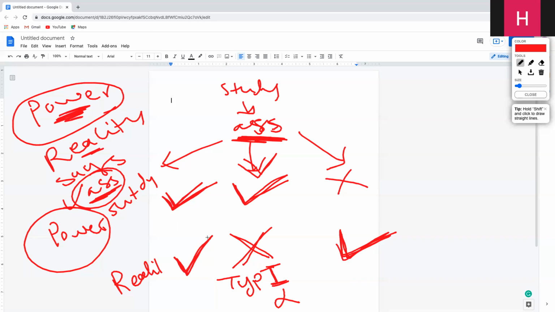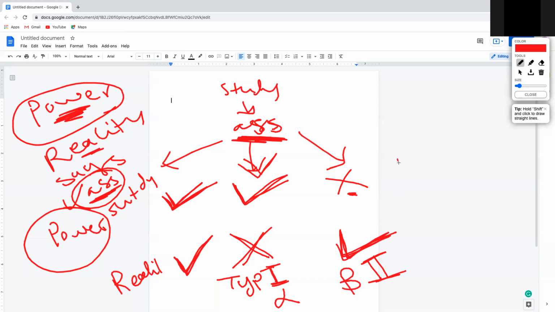Whenever reality says that there is an association, this is power. But here your study was not able to prove this association. Your study says that there is no association. So this is the beta error, and beta always comes with the second letter, so type 2 error.